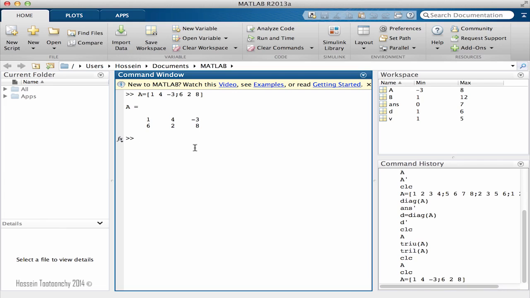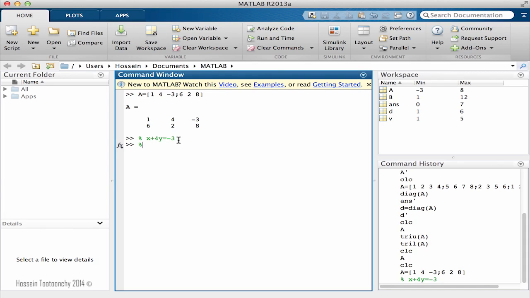What I actually mean is this: the whole system of equations was x plus 4y equals -3. So the first line I represented this way, and the second one was 6x plus 2y equals 8.